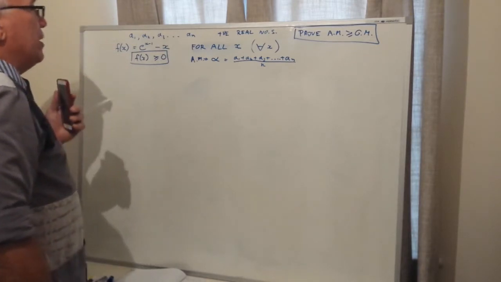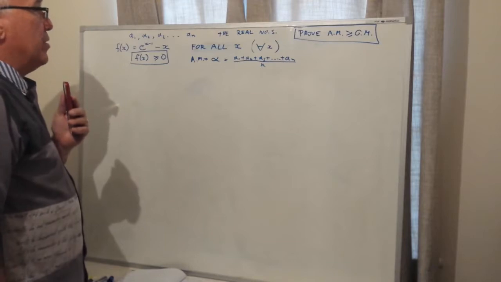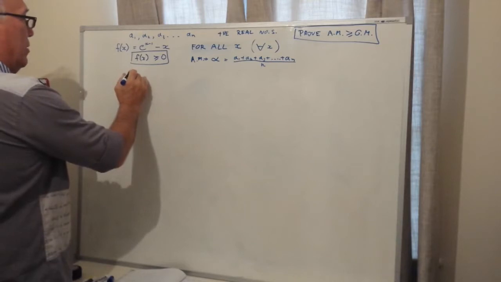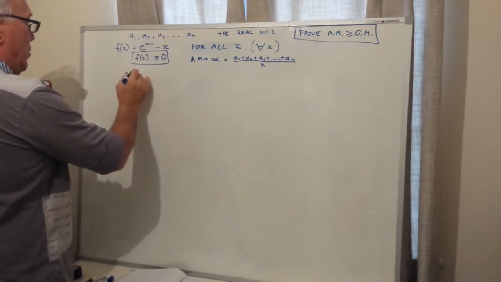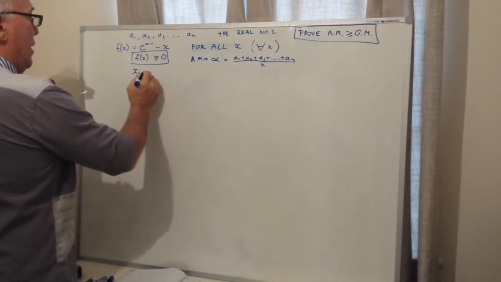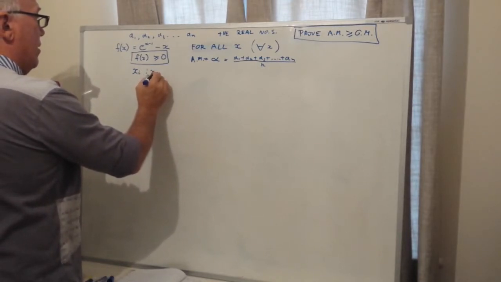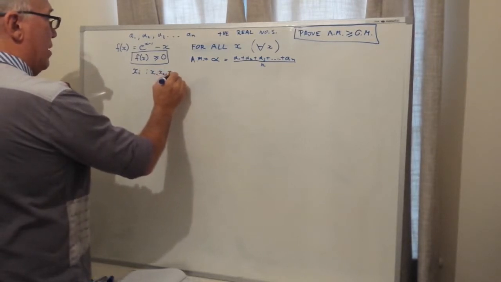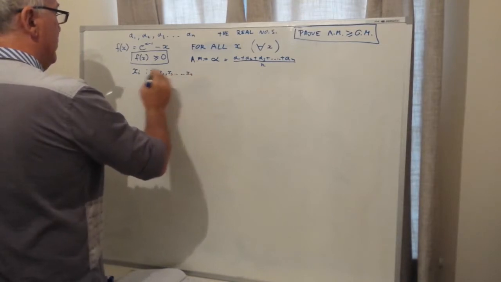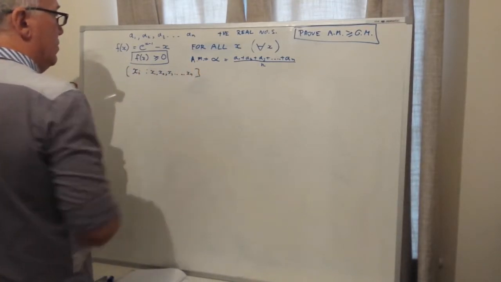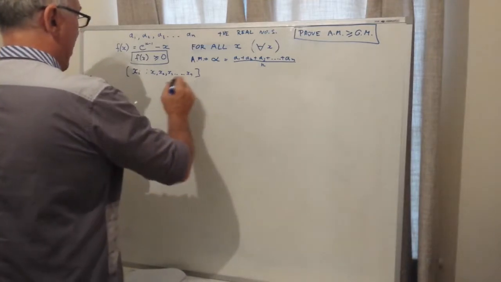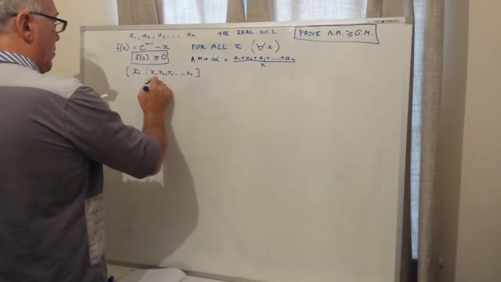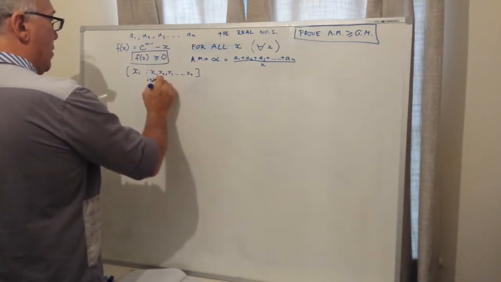So what we're going to introduce is another term. We'll call it xi. Now xi goes from x1, x2, x3, all the way to xn. In other words, i goes from 1 to n.